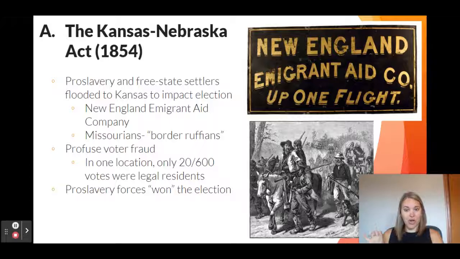Missourians who cross the border are known as border ruffians. And so there is absolutely profuse voter fraud. According to this, in one location, only 20 out of 600 votes were from legal residents. So with the voter fraud happening, pro-slavery forces won the election.